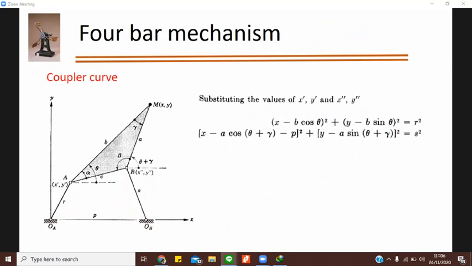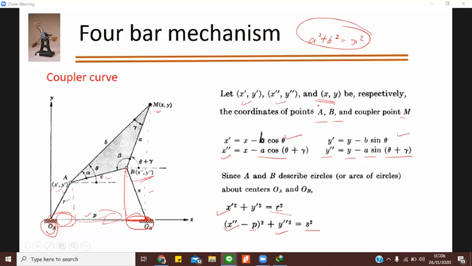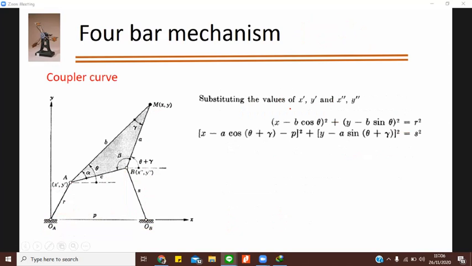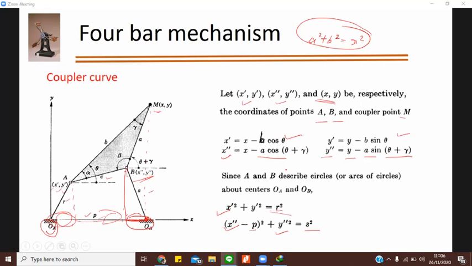Now what we will do, we will take these values of x dash, y dash, x double dash and y double dash, and substitute them in these equations.